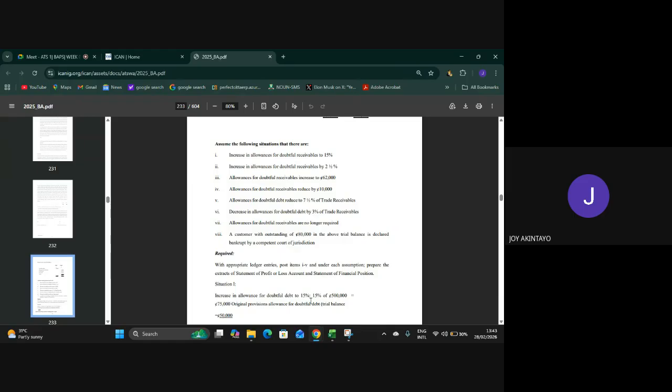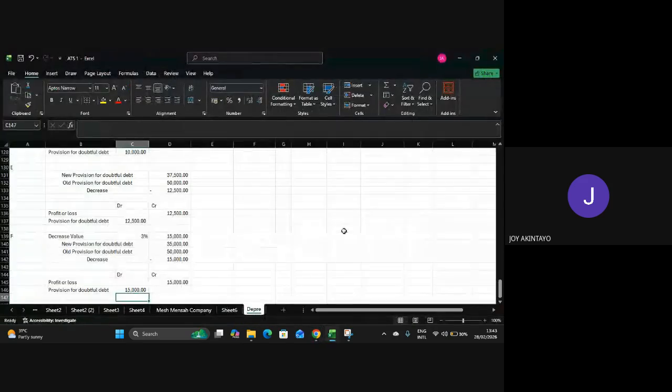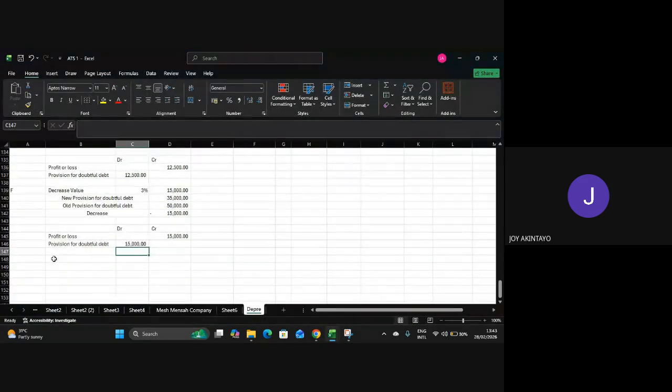All the provision we had at the beginning of the period, they said we need to write them up. That's a plus for the company. So all our provision, that's a decrease.